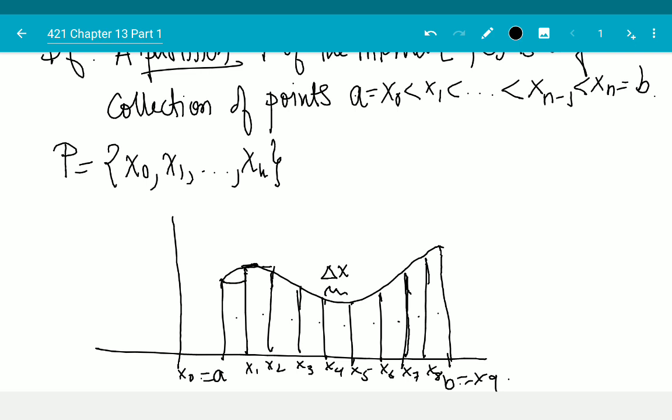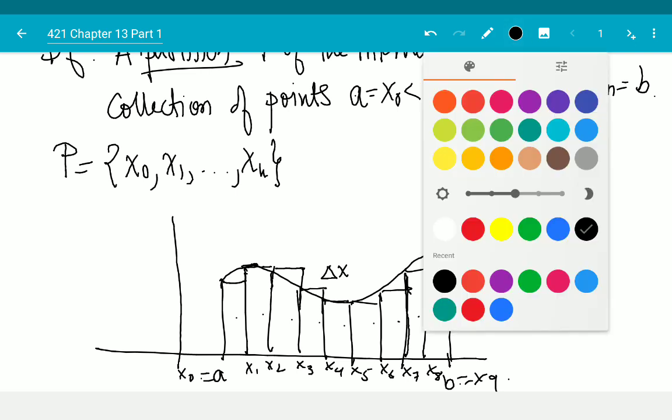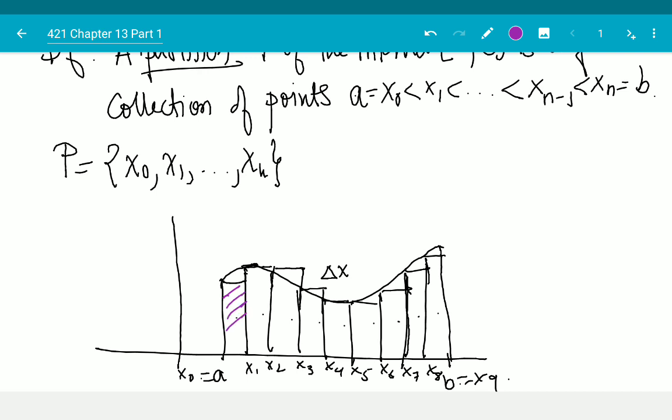Okay. So it would be here, here. Maybe I should have colored this differently. Right? And I am going to say, hey, instead of the area of the entire function, let me look at the area of these columns, which I can find really easily, right?